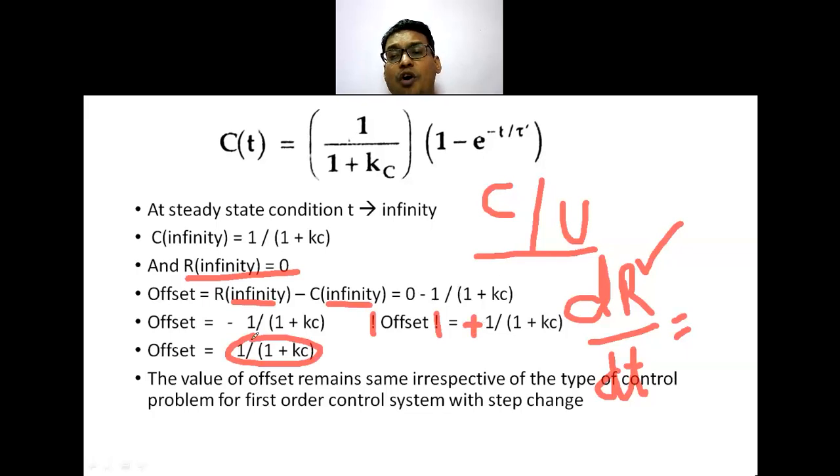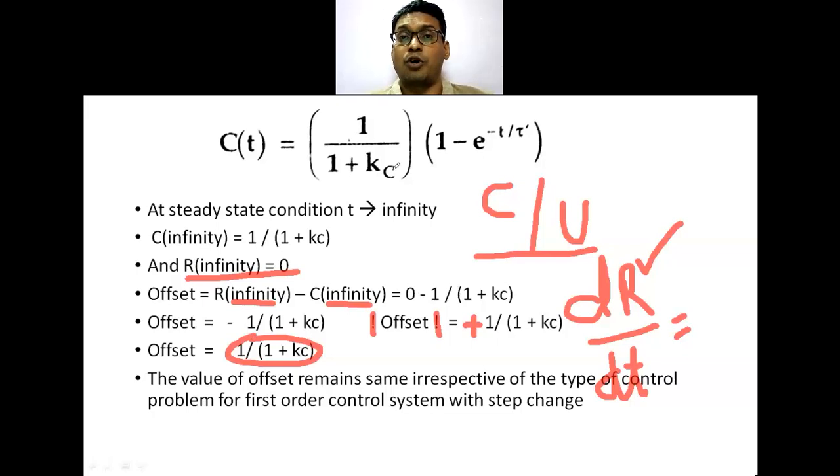So, irrespective of the type of problem, whether it's a servo problem or a regulator problem, I am getting the same offset for the proportional controller. The offset is there, but the responses are different.